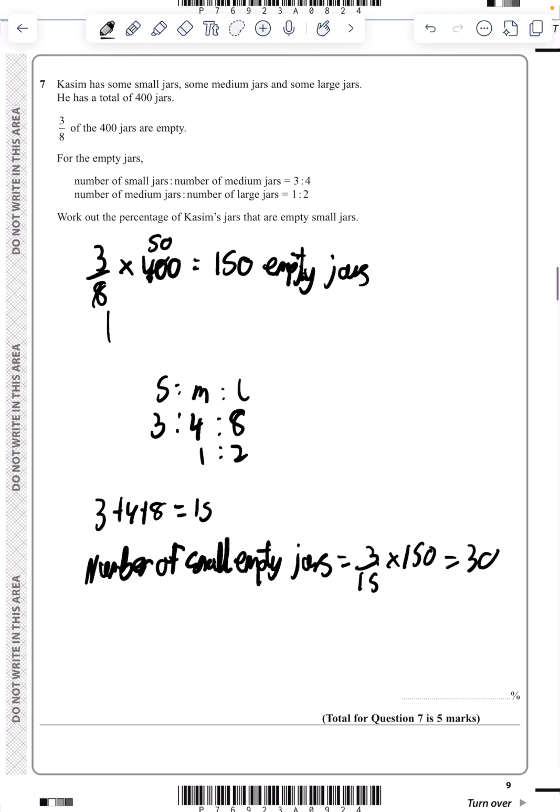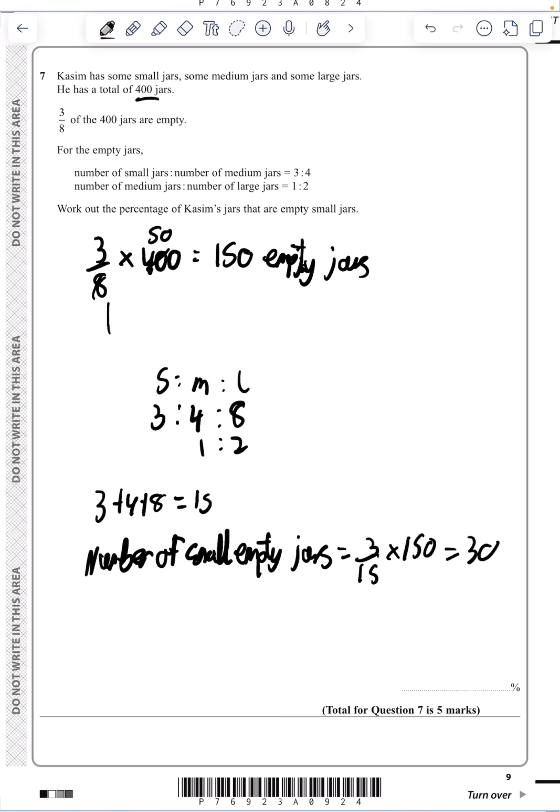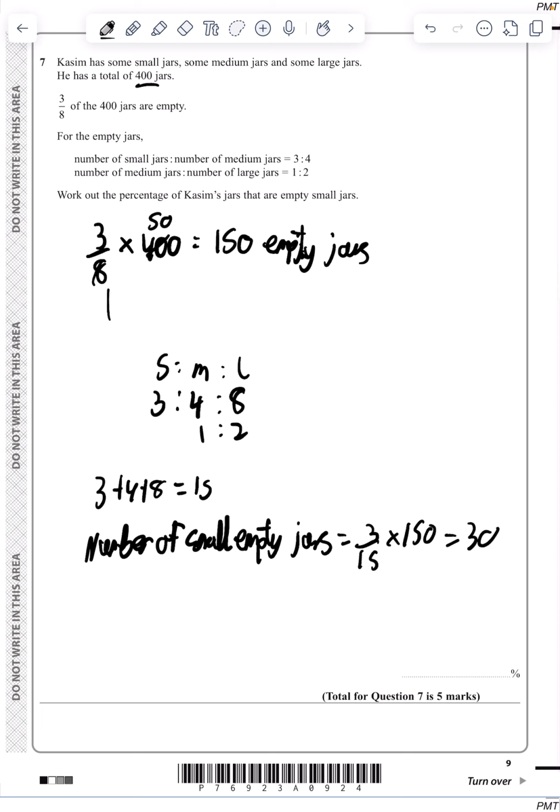And then as a percentage, the total is 400. So 30 times 100 divided by 400, which is 7.5%.